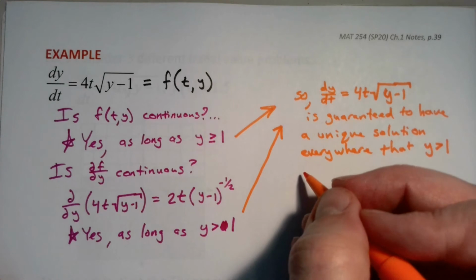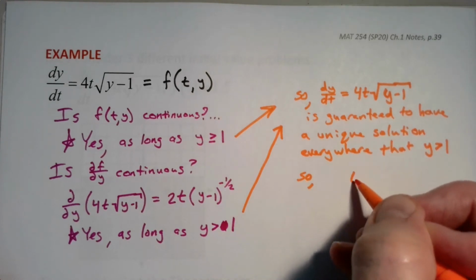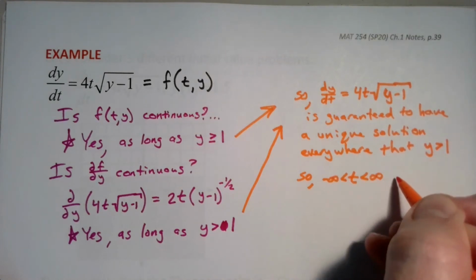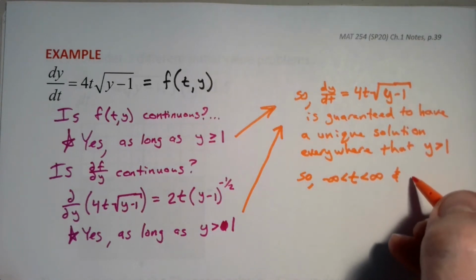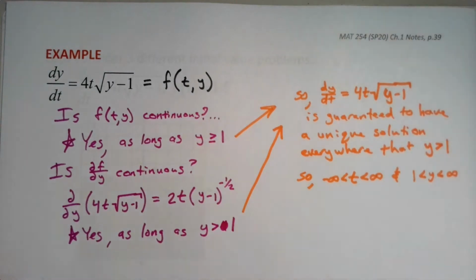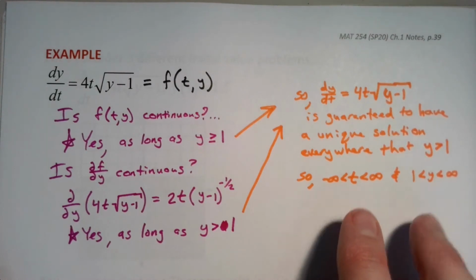Or if you want to be more specific, you could say t is everything from negative infinity to positive infinity, and y is everything from 1 to positive infinity, right? Any rectangle that we draw that fits inside here will meet the bill.